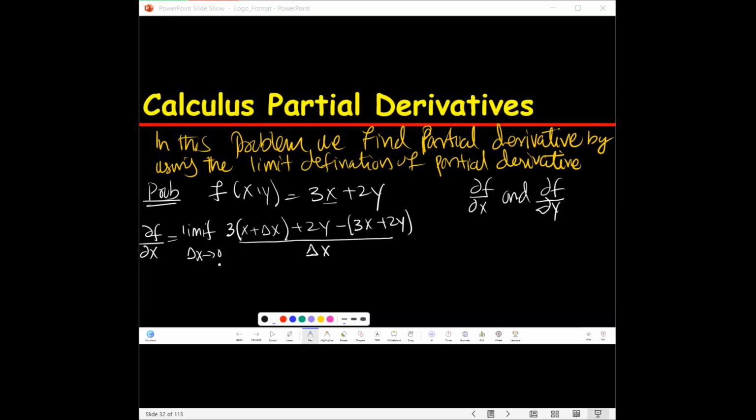If I solve this one, it looks like 3x and 3x, this guy and this guy cancel out, this one and this one cancel out. So what is left over?